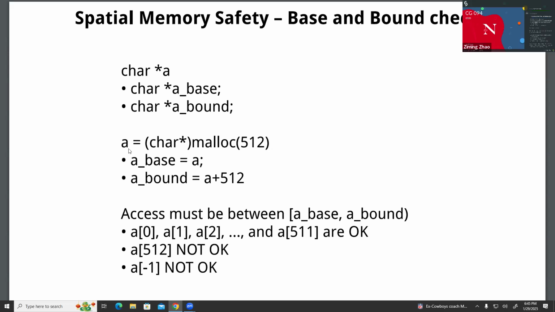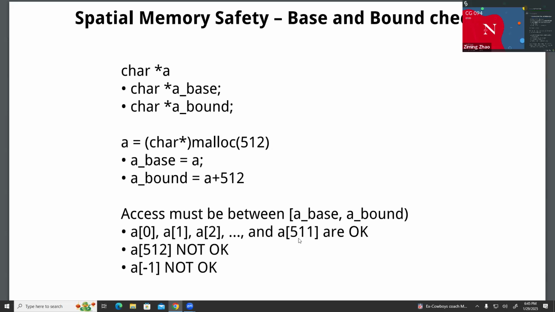So for the pointer A, no matter what kind of operations you do, we are going to check if you are dereferencing, either reading or writing or doing anything else, to a memory location that is out of that range.